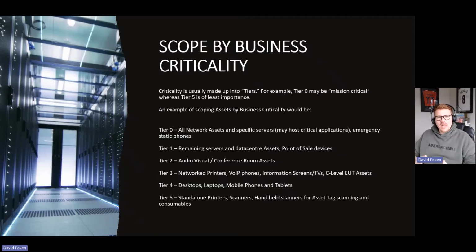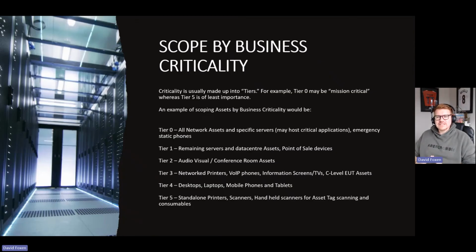So typically when you differentiate things by criticality, you're looking at different tiers. Some organizations start at tier 1, some start at tier 0. It's by the by, it's whatever your convention is internally. So tier 0 is the most critical one. These are network assets and specific servers that host emergency and critical applications, and also emergency static phones.